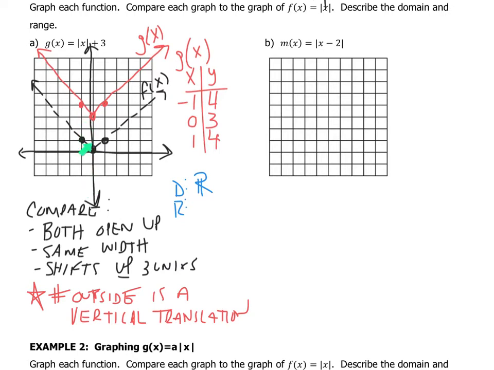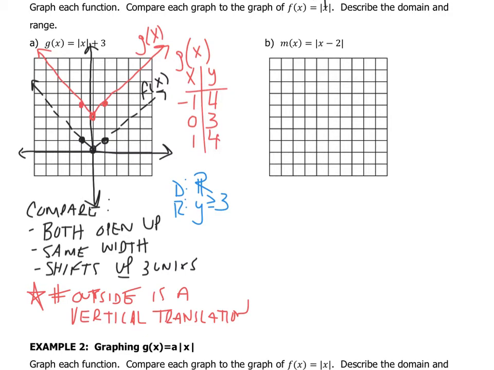I don't see any y values down here. All the y values I see start at 3 and then go up forever because these two arrows are going up forever. So with that in mind, the y values, or my range, are y is greater than or equal to 3.